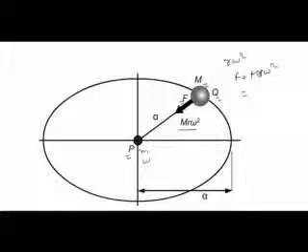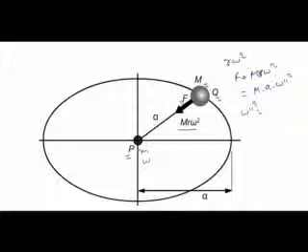Now these two forces are responsible for generating centripetal acceleration for object Q. So if in this frame of reference object Q is moving with angular velocity omega double dash, then this will be equal to M times a into omega double dash square, where a is the distance between objects P and Q.